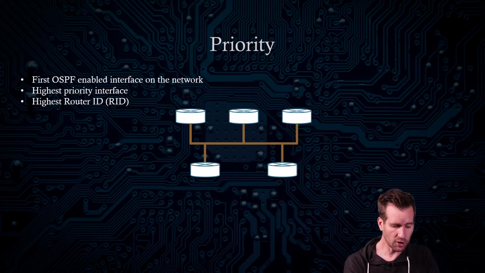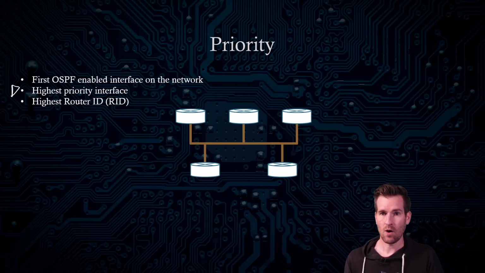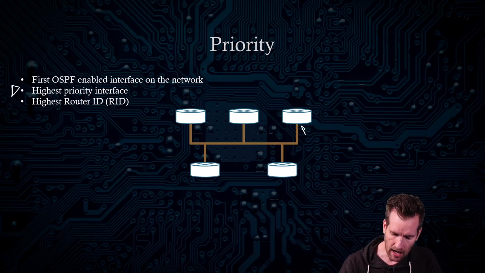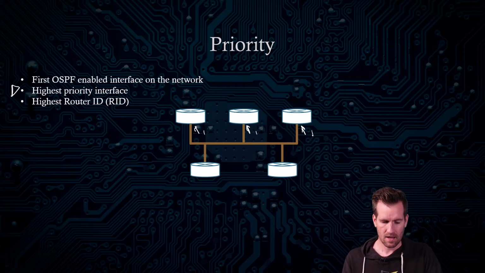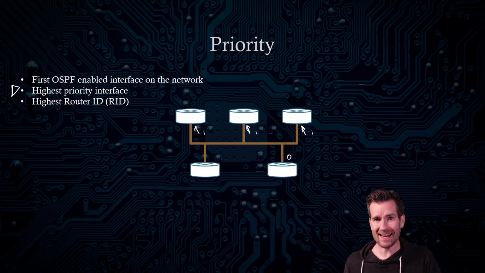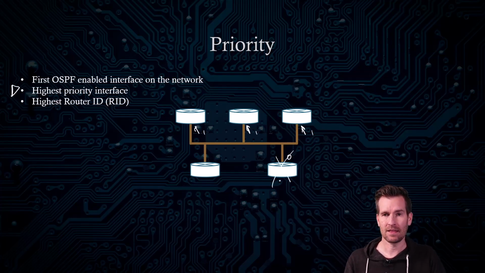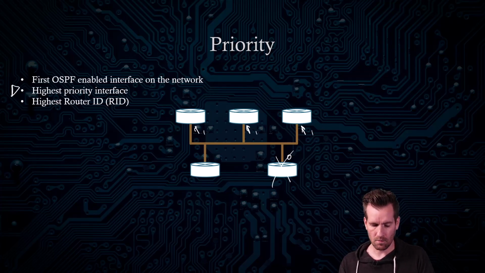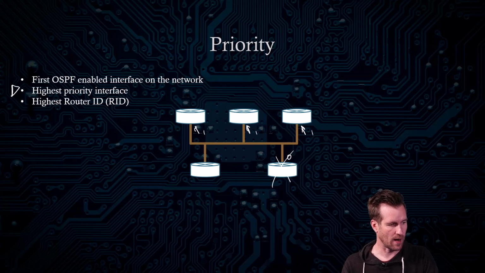So let's take a closer look at that priority. We said that we set that priority on the interface. And we've already said the default priority for that is 1. So the default is 1. We can set it to be something different. Like we could set it to be 0. If we set it to be 0, that means that this device will not become the designated router. It doesn't have the opportunity to become the designated router or the backup designated router.